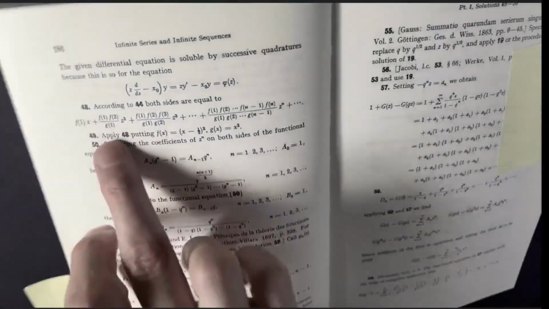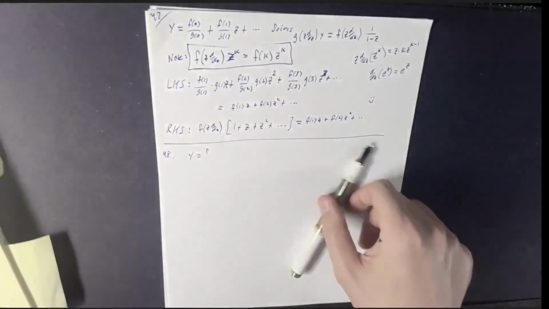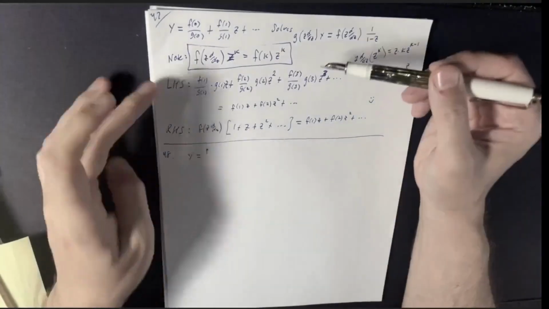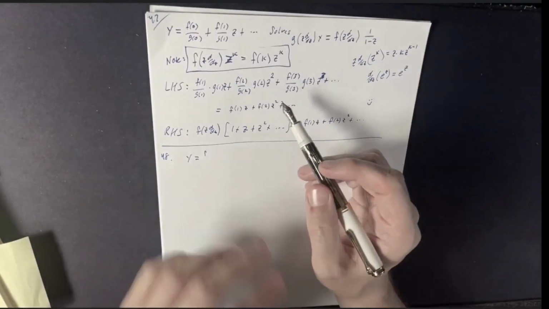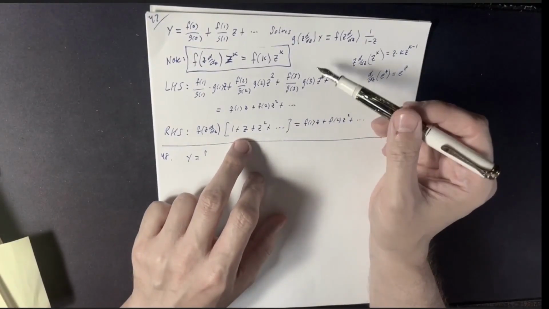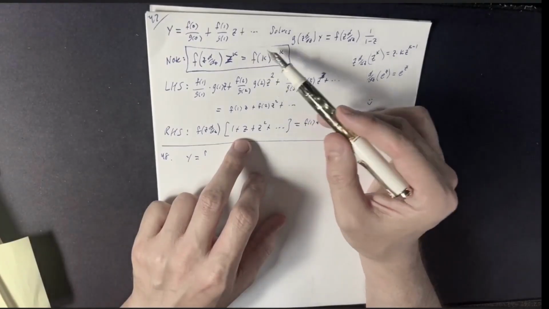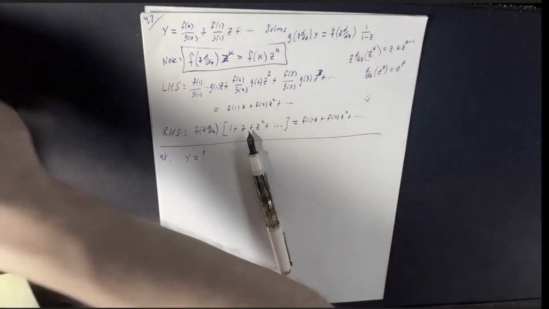The one I'm working on now says both sides are equal to this. So it looks like I got it wrong. 47 I thought was 48. That's why I just jumped into 47 and did it as quickly as possible. But yeah, what's 48 again? I was going to take a screenshot, but then I got lazy.